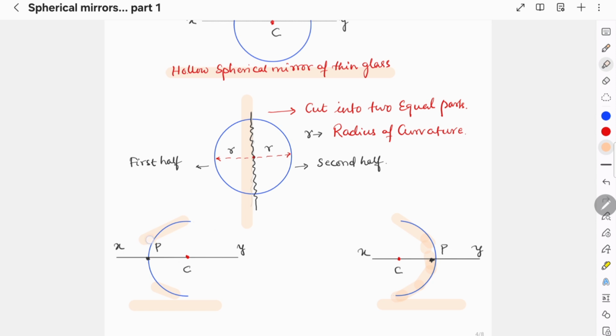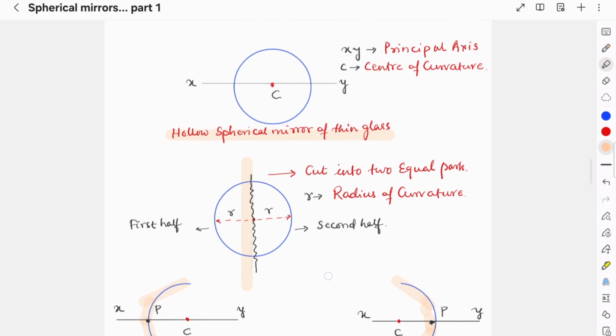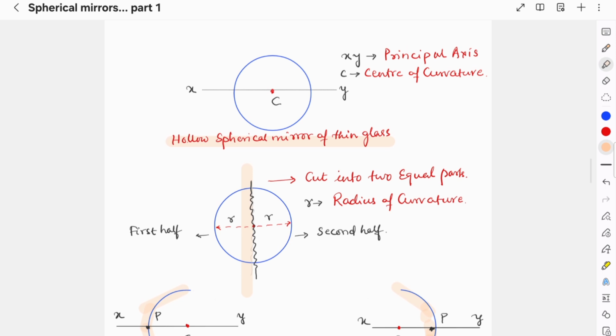See the shape. This concave mirror and convex mirror both are a part of this hollow spherical mirror. Since they are cut from the same spherical mirror, their center of curvature will be the same and their radius will also be the same because they are part of this original sphere.